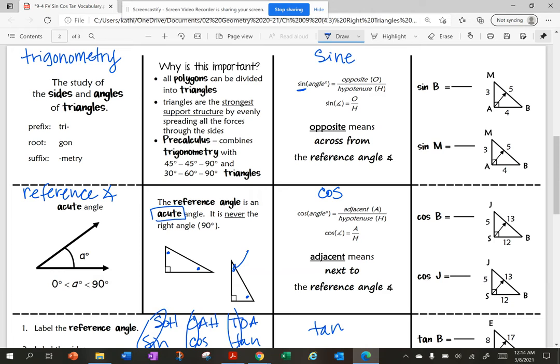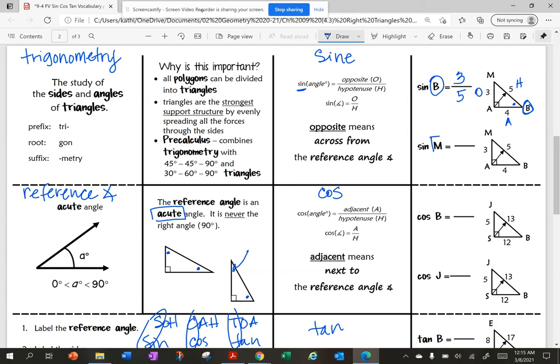Okay, so if I'm going to say angle B is the reference angle, this acute angle, my hypotenuse is across from the 90-degree angle, my adjacent leg is next to the reference angle, and my opposite leg is across from the reference angle. So the sine of B is opposite divided by hypotenuse. So opposite is 3 divided by the hypotenuse, which is 5.